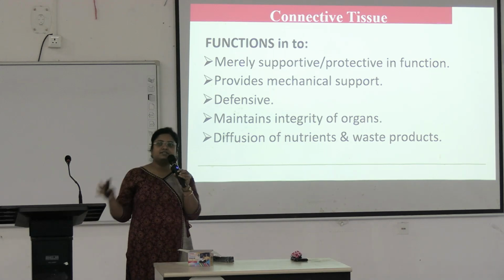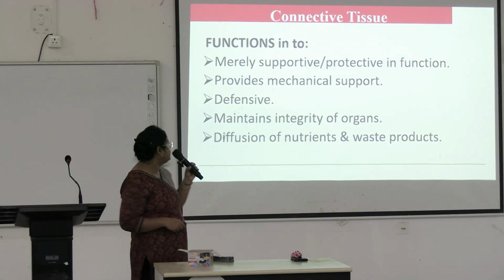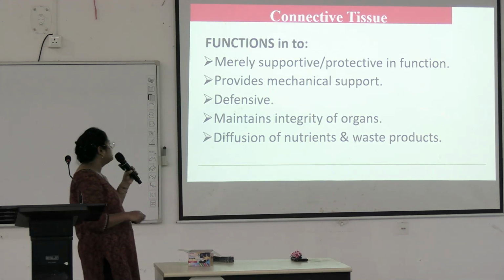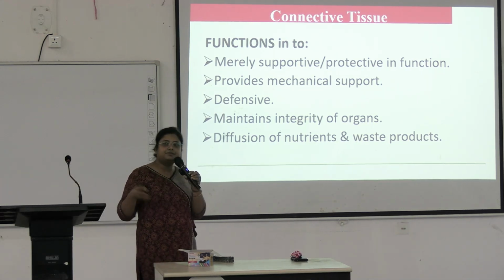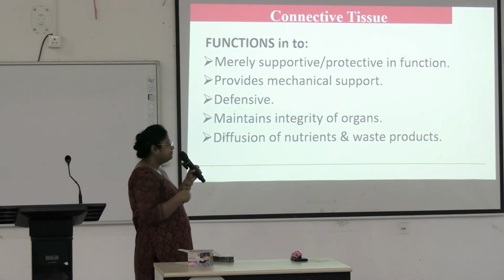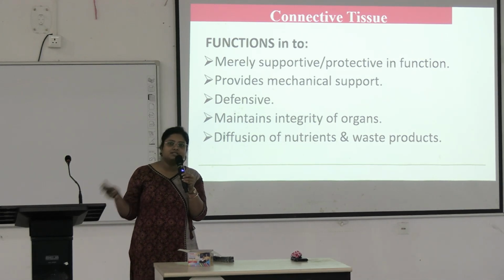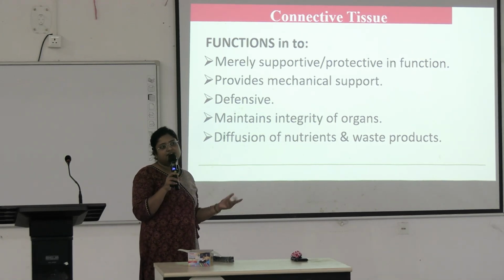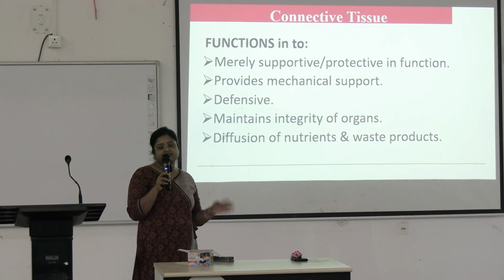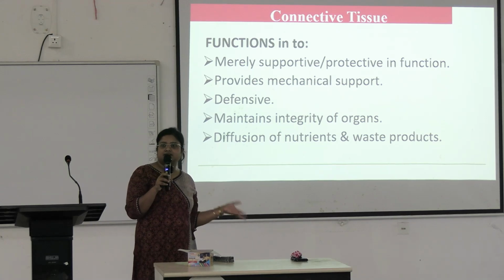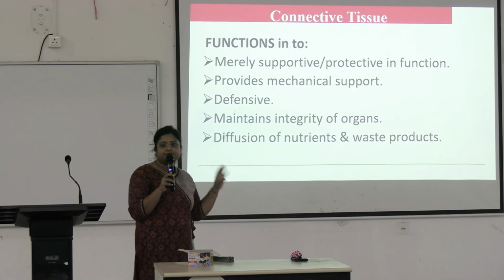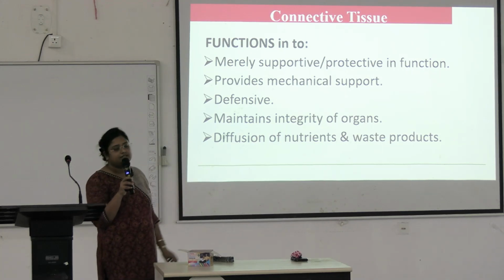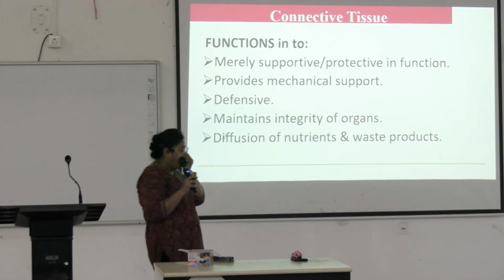Adipose tissue helps in supporting different organs, and the lamina propria helps in diffusion of nutrients and waste products. Lamina propria is present in the gastrointestinal tract, respiratory tract and genitourinary tract. So that's why connective tissue is important. These are the functions of connective tissue.